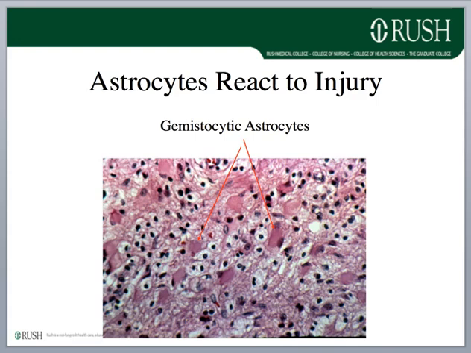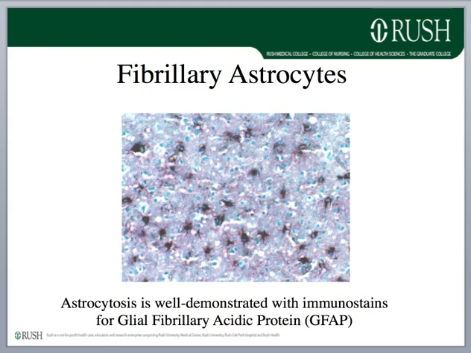And these are called gemistocytic astrocytes and are an indication of injury to the brain. Again, this is not specific to a particular disease, but is a pattern that's common to a lot of different brain injury.